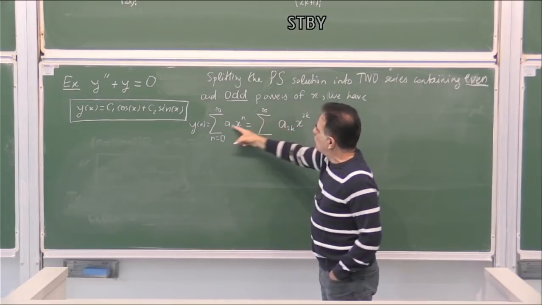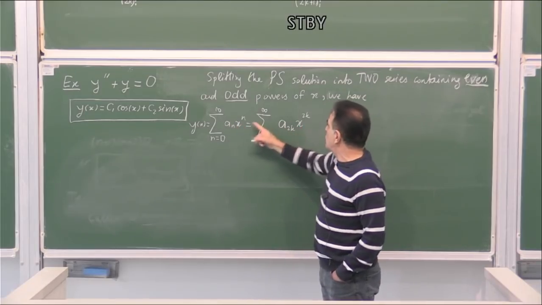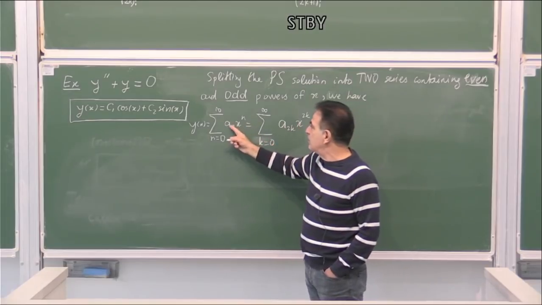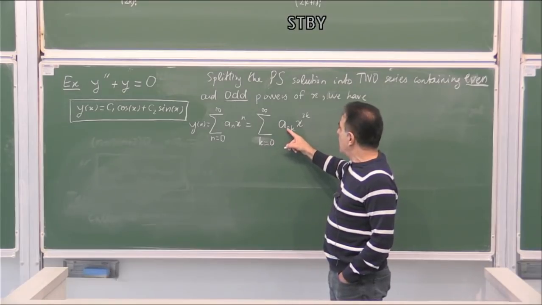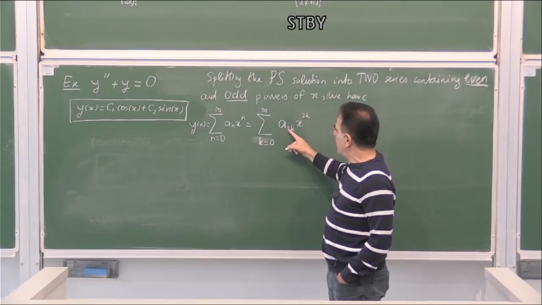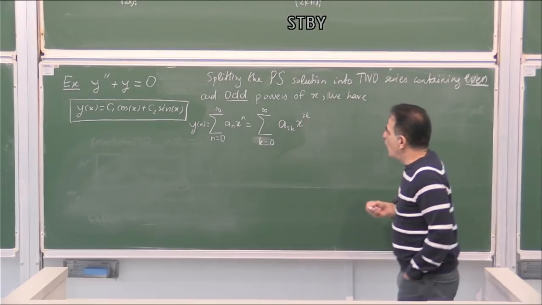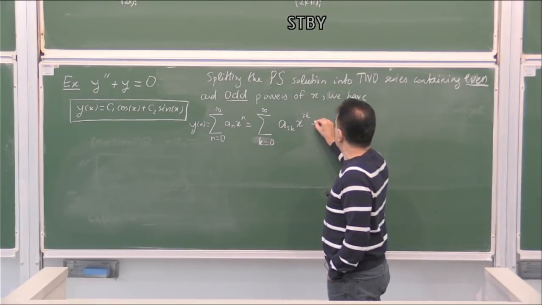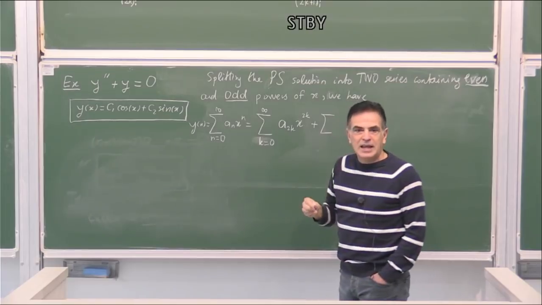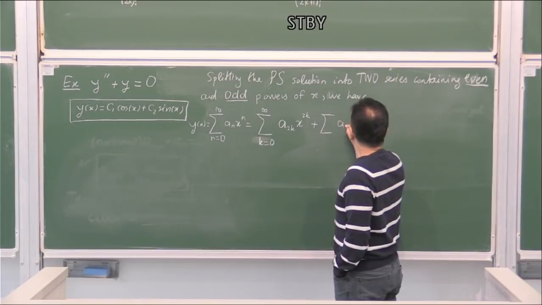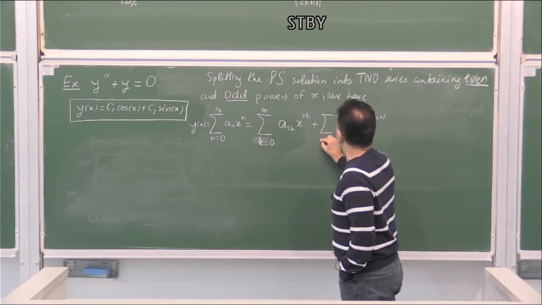Look, which contains even indexed terms, or the terms proportional to even powers of x, like a0, then a2 x squared, then a4 x to the 4. So even powers of x are all contained in the first series, and the terms containing odd powers of x have this.